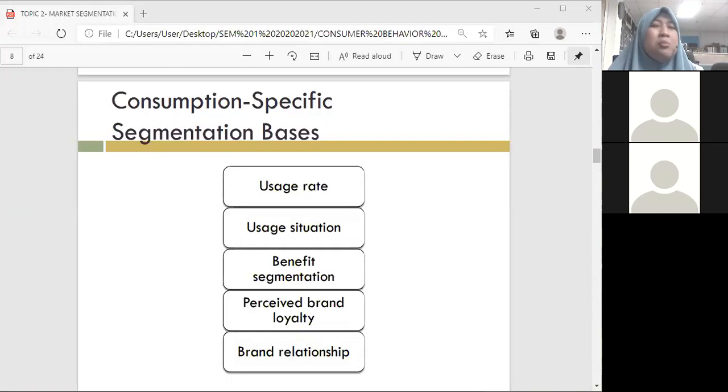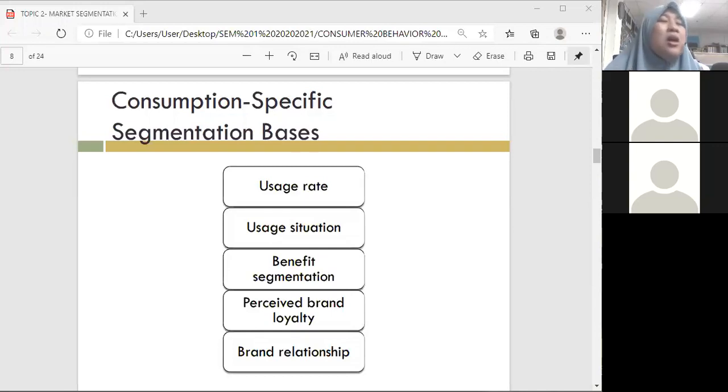I believe maybe all of you know, when you go to Mydin Mall at the car park space, for those women with family, they will have a car park nearby the elevator and also the escalator. They make it nearby compared to the ordinary customer. The reason, in terms of benefit segmentation, is for women, and the parking is colored pink.